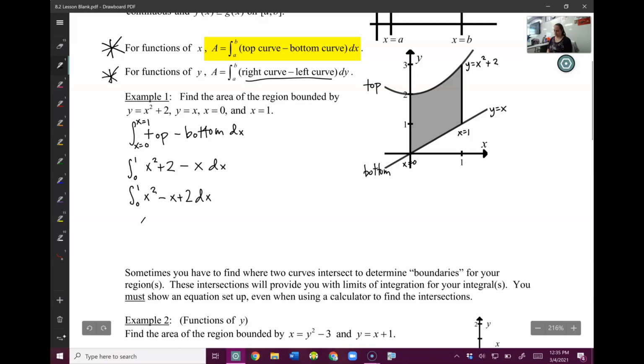So let's take the integral, x cubed over 3 minus x squared over 2 plus 2x from 0 to 1. Let's plug this in, 1 cubed over 3 minus 1 squared over 2 plus 2 times 1 minus the 0 version of all that.